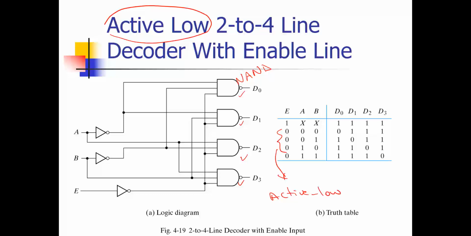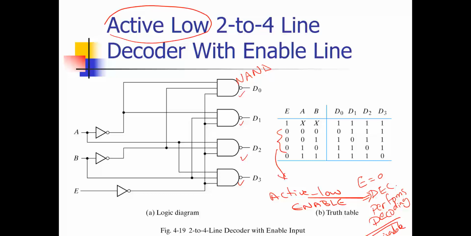This means that if e equals 0, then the decoder performs the function of decoding. Otherwise, when e equals 1, we disable the decoder.